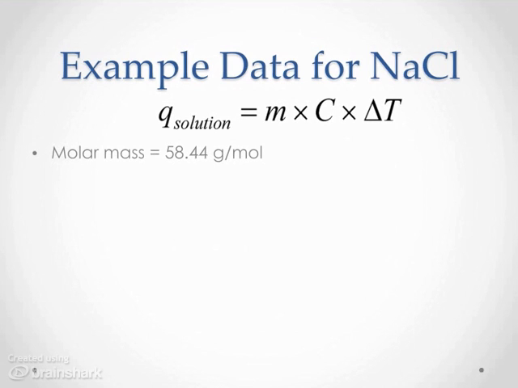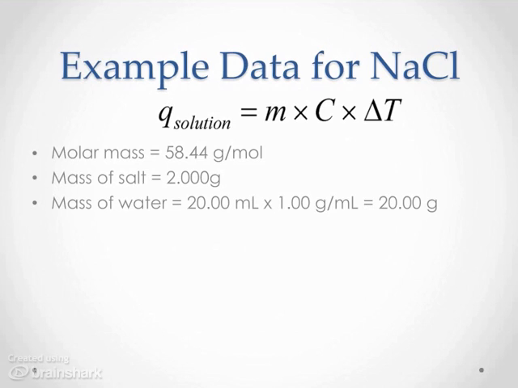Okay, so we're going to need the molar mass of sodium chloride. We're also going to need the total mass of salt that we used in this particular experiment. We also need the total mass of water used. If we know the exact volume of water that we used, and we make the assumption that the density of water is 1 gram per milliliter, we can get an exact mass for our water sample.